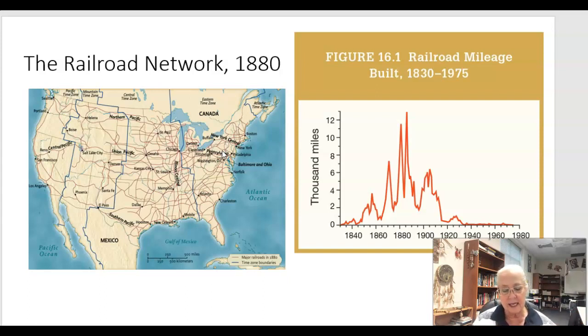Now, another thing that is going to be beneficial is because they're using steel rails, now they can standardize the gauge. And that means the width between the rails. Because before this time, if you were shipping something from Chicago all the way over here to New York, they might have to offload and reload your cargo as many as 6 times because the rail widths were different for different rail lines.